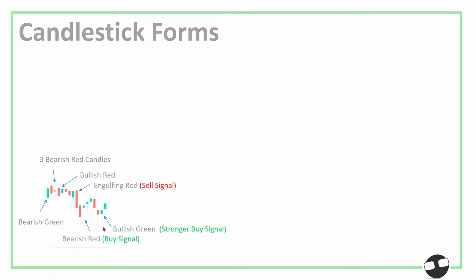We have higher lows here: this low is lower than this and lower than this. That formation of higher lows may indicate an upward trend.